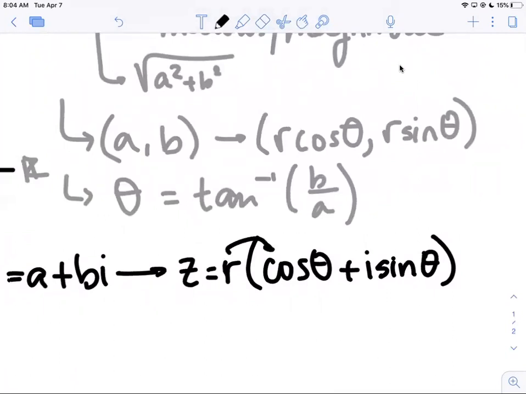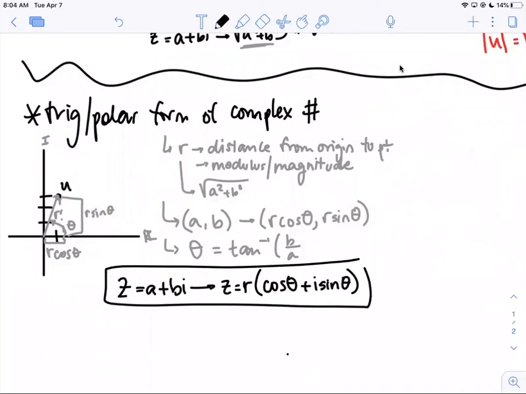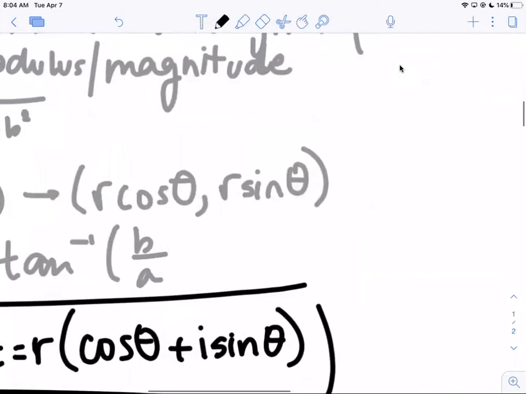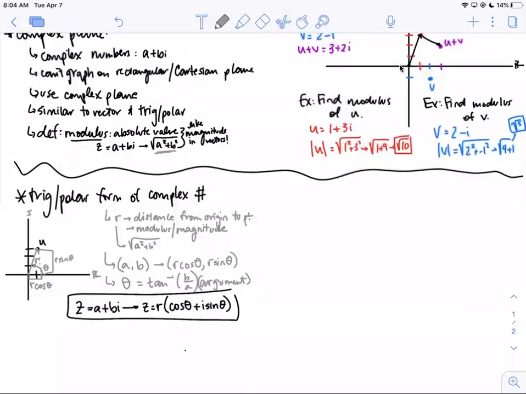You can think about the r being involved in both of them, but usually it's simpler to write the r on the outside, so that's why I did that. All right, so that's the important thing that we're taking away from here. r is the absolute value or the modulus, and another thing we call theta is the argument of z. I'm going to refer to that in a second, or you might see that in the homework, and so I want to make sure that you have an example of that.